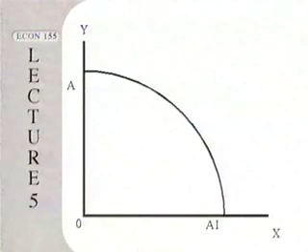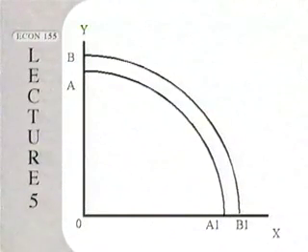That shows how big our economy is, how productive our economy is. Economic growth would appear like this. And I'll say B prime. In this particular instance, economic growth just appears as a production possibilities curve that's shifting outwards.